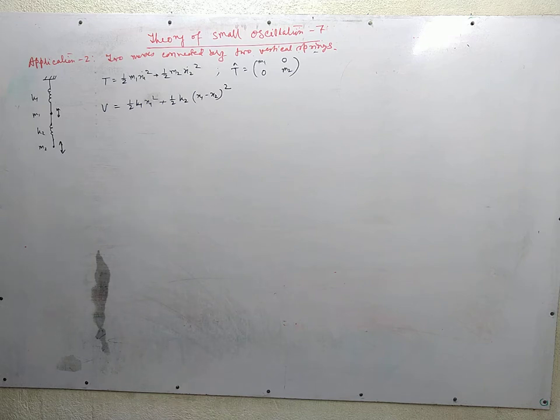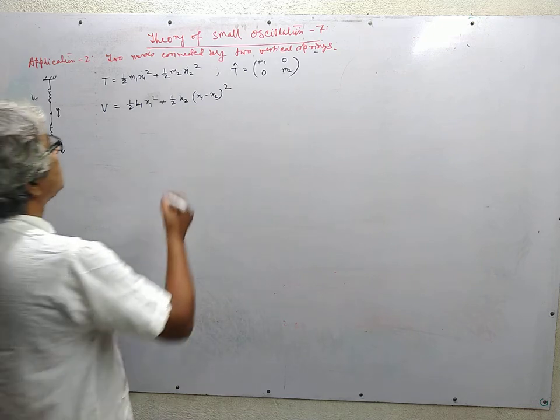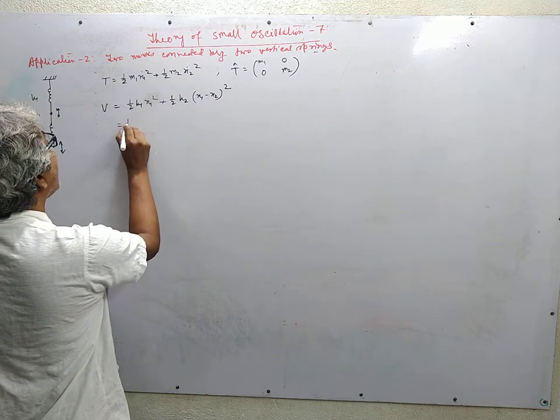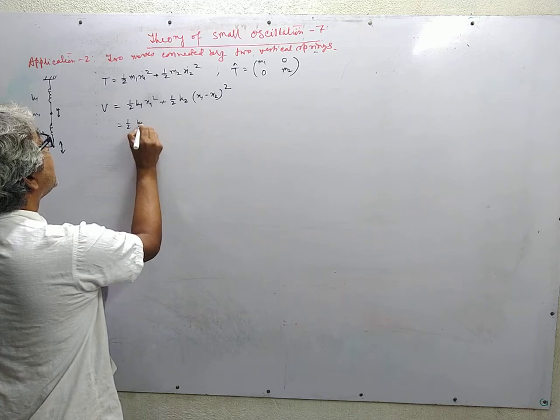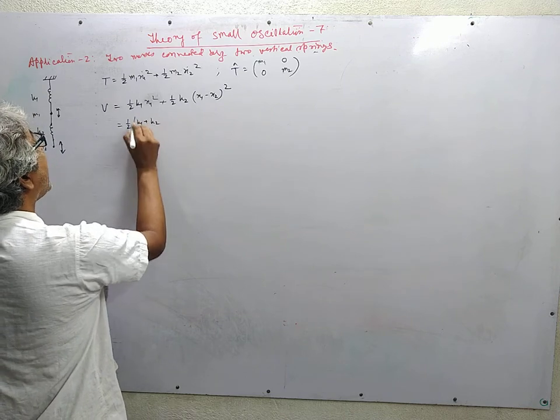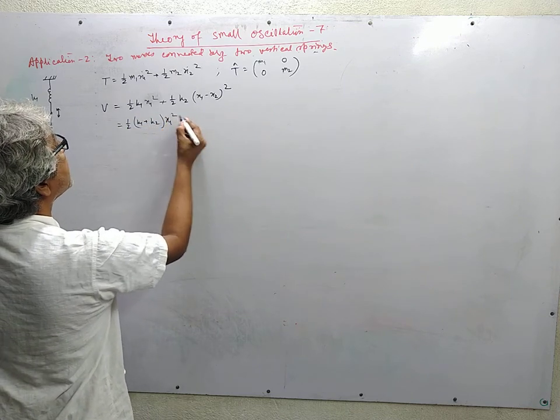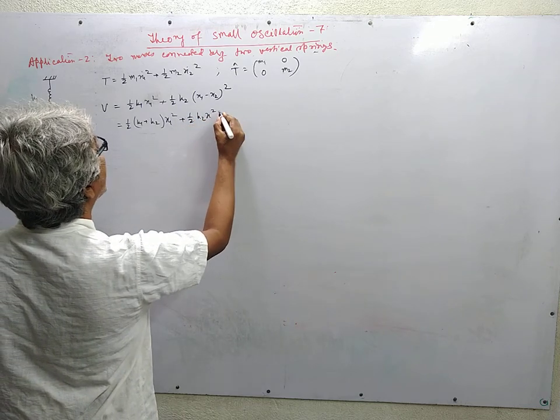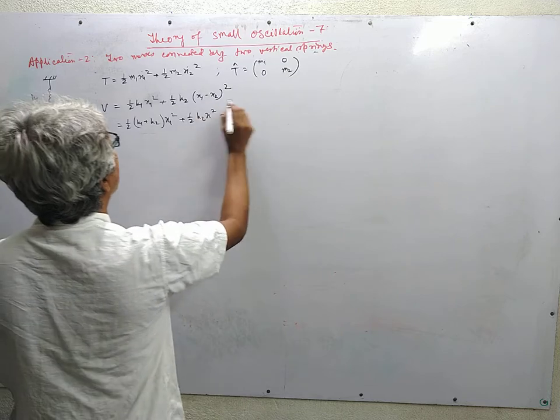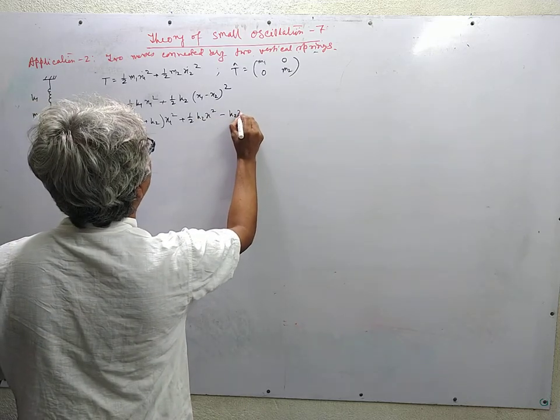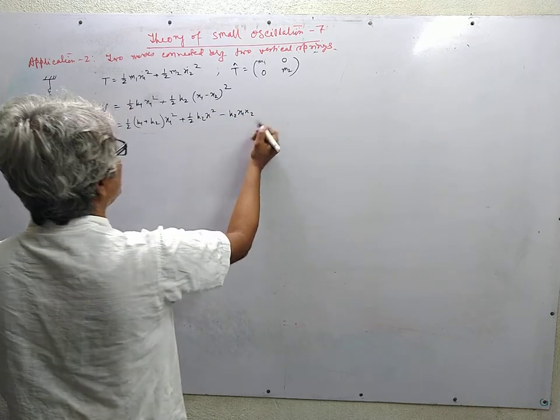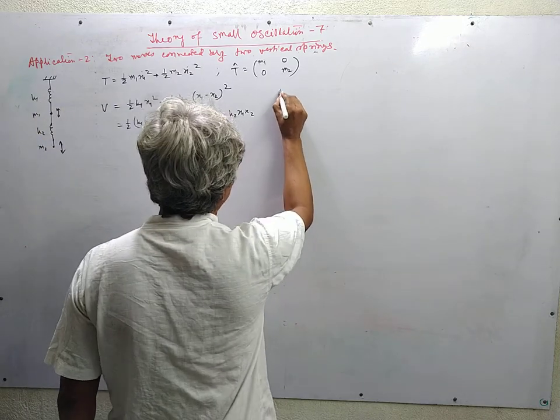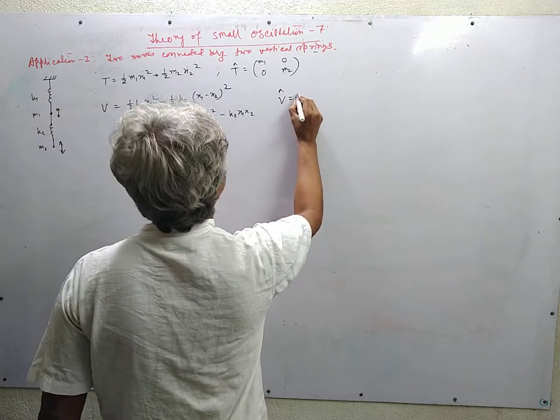So this is the displacement, which can be written as half k1 plus k2 x1 square plus half k2 x2 square minus k2 x1 x2.